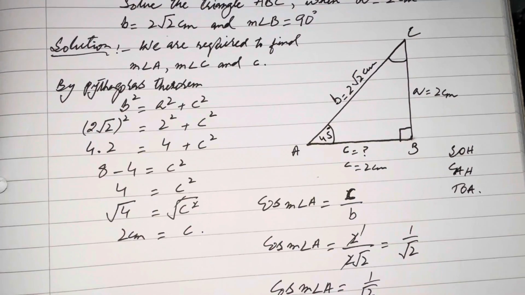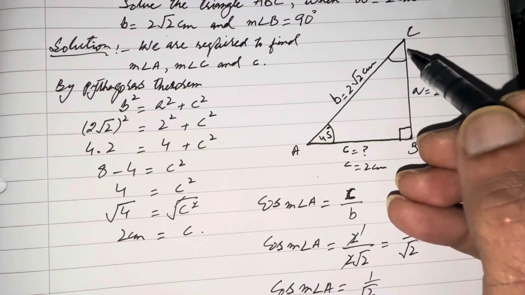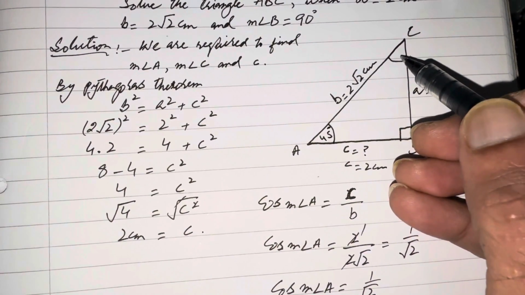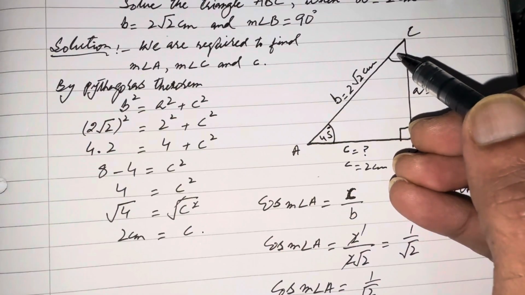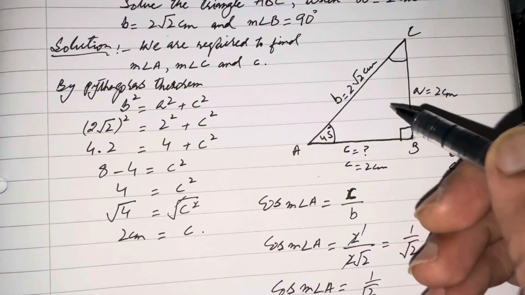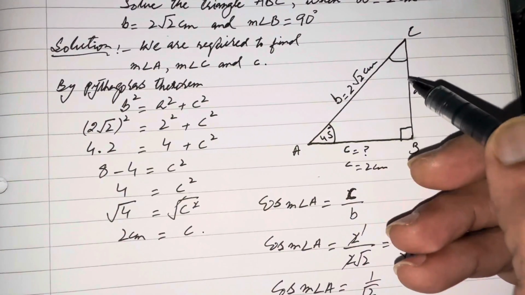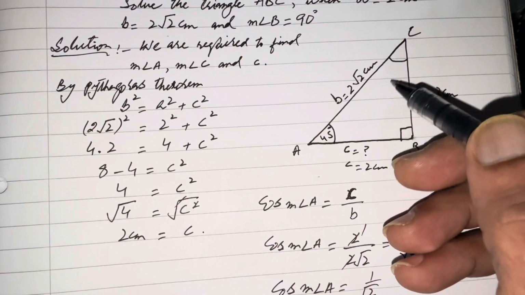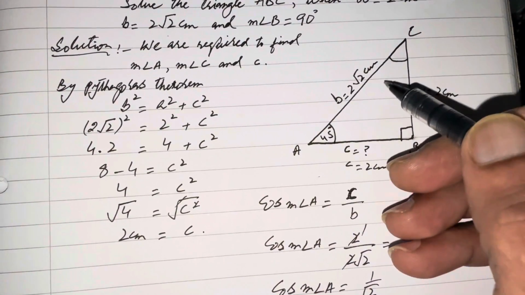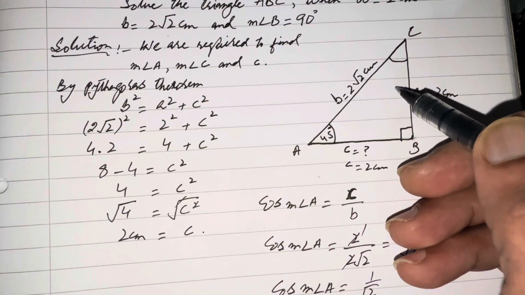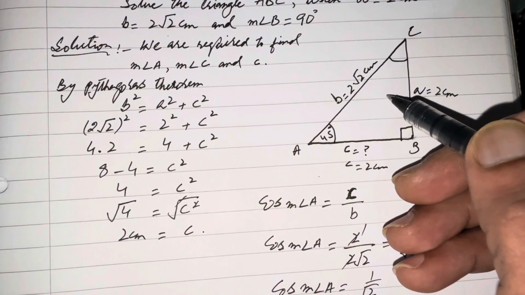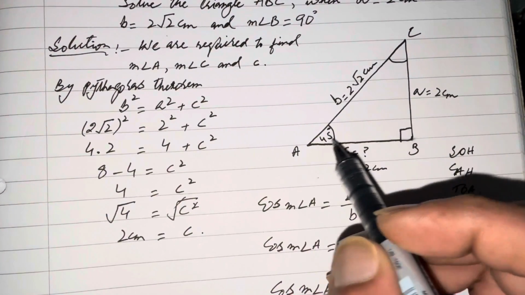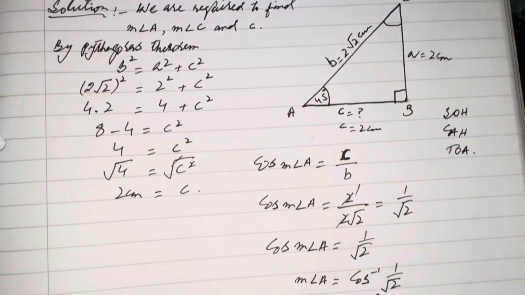So now we can find easily the third angle of a right angle triangle, as we know that the sum of all the three angles of a triangle or right angle triangle is always equal to 180 degrees. So we have got the two angles, so the third angle is very easy to find.